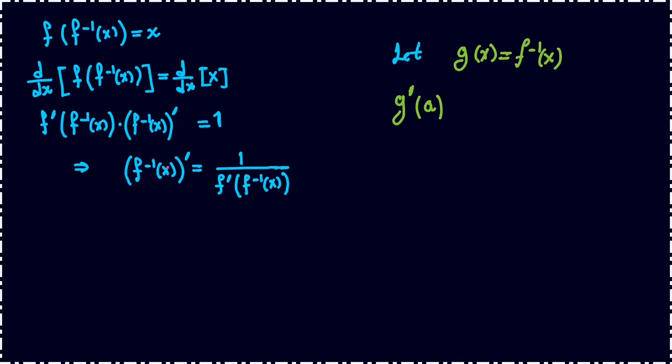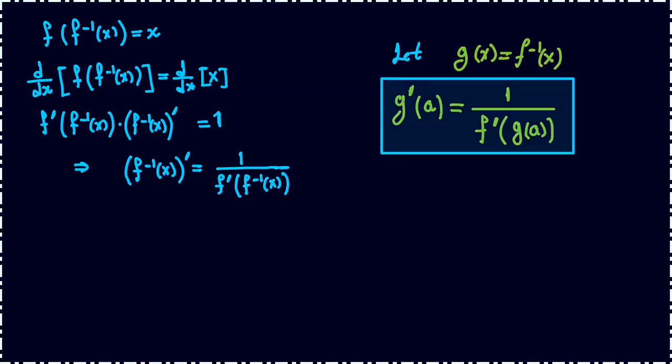And we're evaluating that at some point. This is equal to 1 divided by the derivative of f at the inverse function at a. So this is the formula for finding the derivative of the inverse of a function at a point.